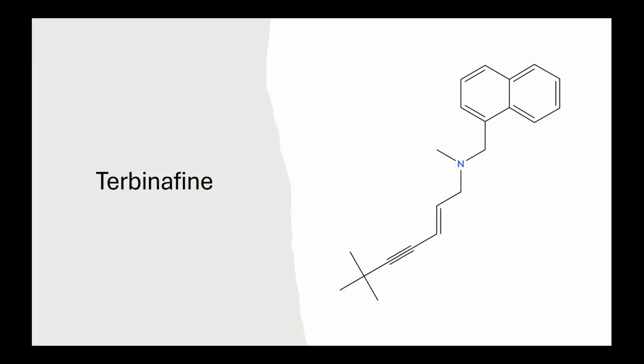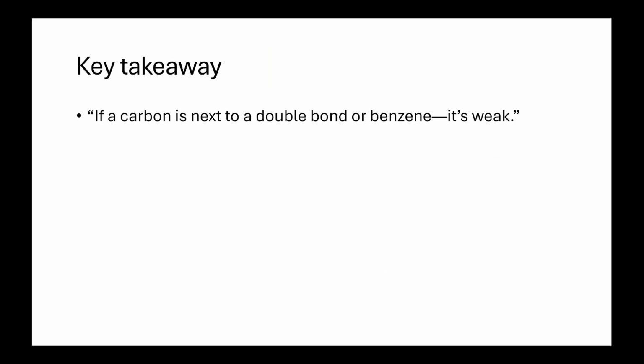Next, we have terbinafine. Terbinafine, this is the affected part right here. Or you could also have this. This one is near a double bond as well. So the key takeaway here is if a carbon is next to a double bond or benzene, it is weak.